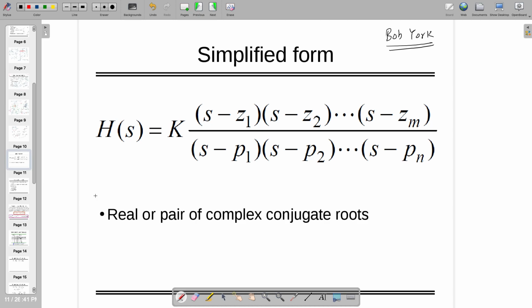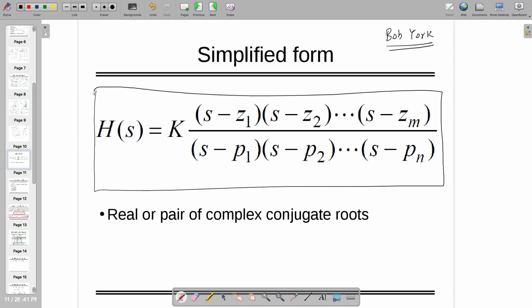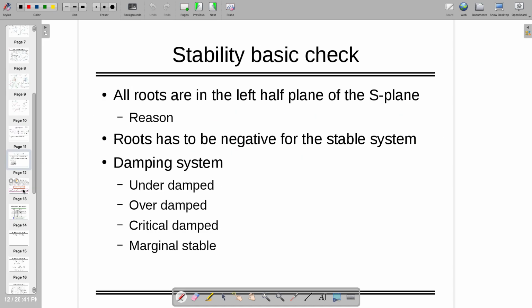So this transfer function is also taken from there, and it says that there are lots of zeros, lots of poles, and a small signal gain. And most of the time, this is going to give you real roots or a pair of complex conjugates, right?